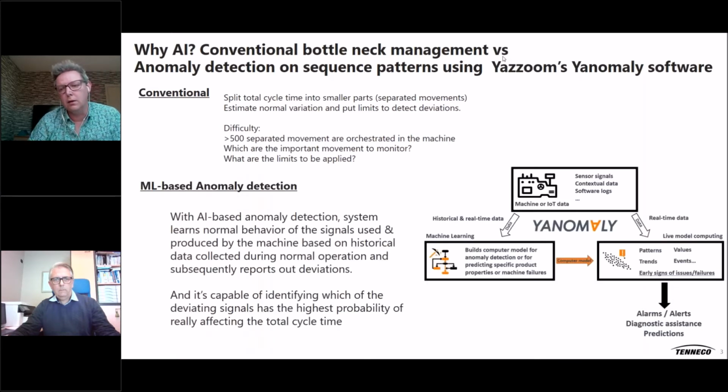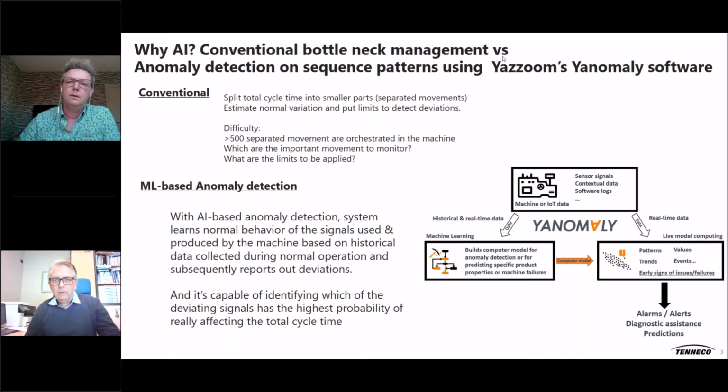And it's a little bit where Yazzoom helped us, and I hand it over to Jan. Thank you, Stefan. Yes, indeed. So when we heard this problem statement, we advised to make use of machine learning-based anomaly detection. And what is that?